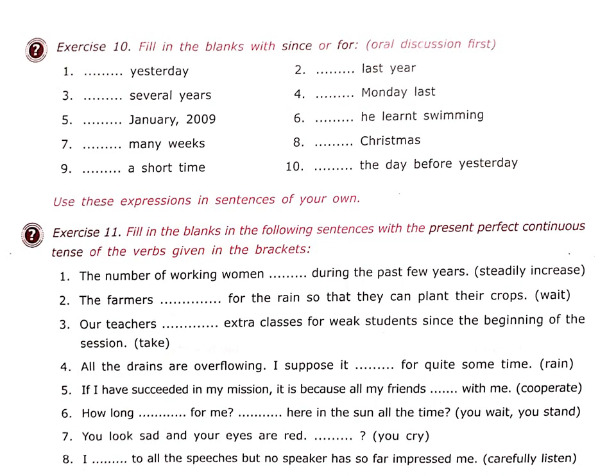Let's go to the 11th exercise. Fill in the blanks in the following sentences with the present perfect continuous tense of the verbs given in the brackets. In brackets we have the verb. Now, has been or have been we need to write, and we need to convert the base verb to the ing form. The number of working women, women is plural, so we'll write have been. The number of working women have been. The number we have, so it will get singular, children.